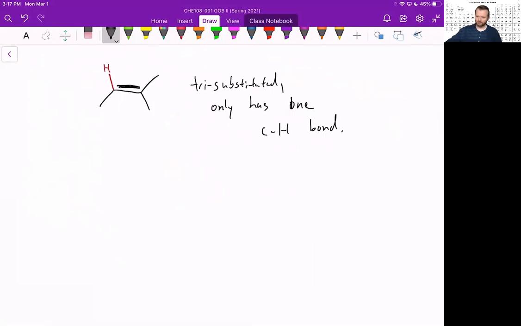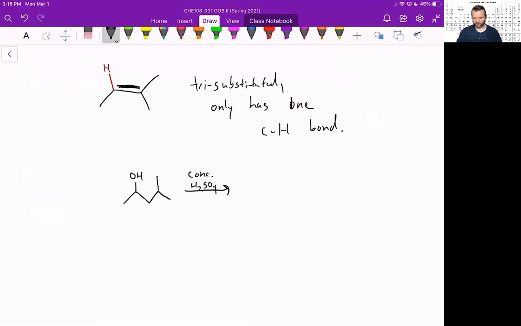So just some more practice. So we've got that alcohol treated with concentrated sulfuric acid.